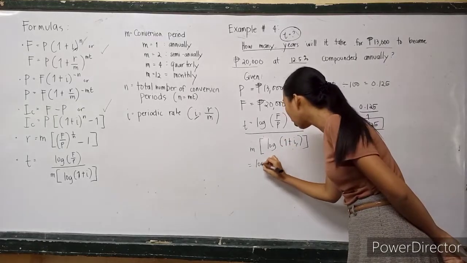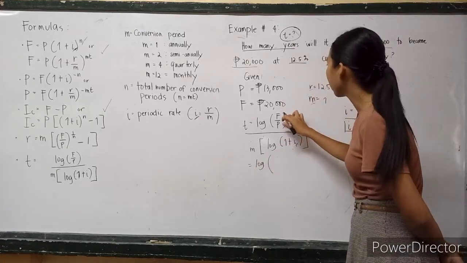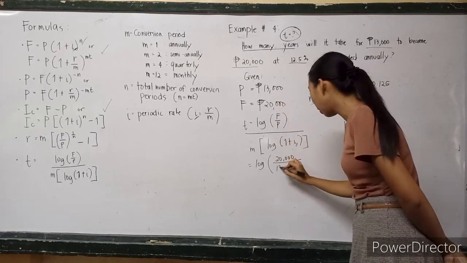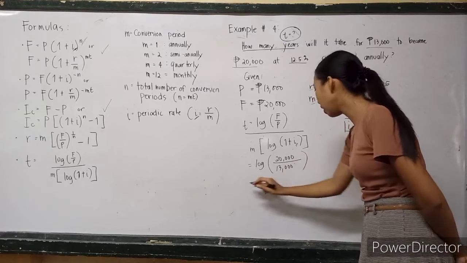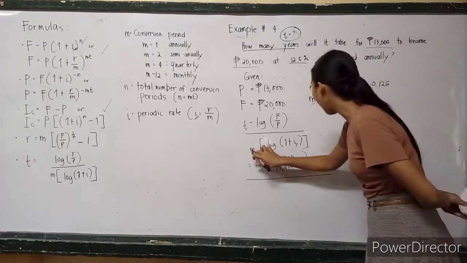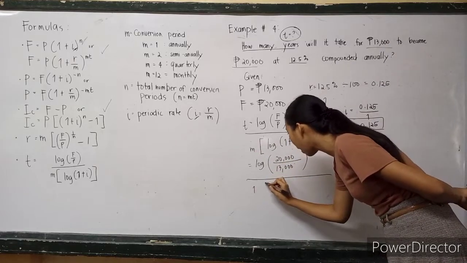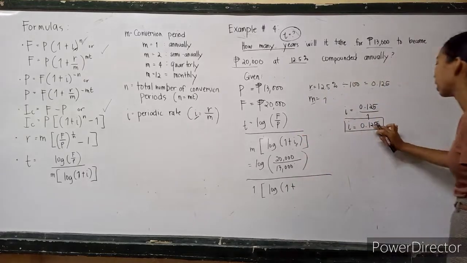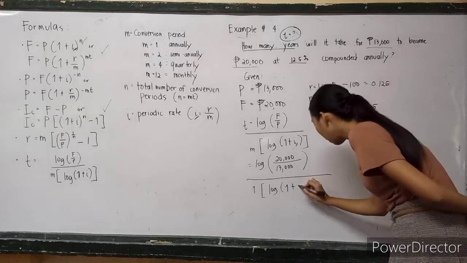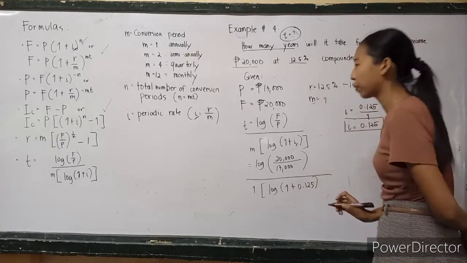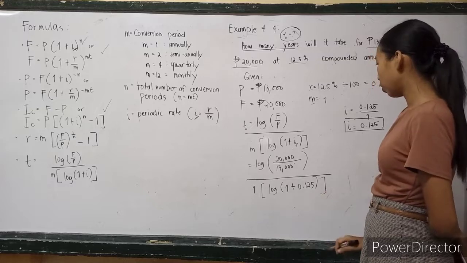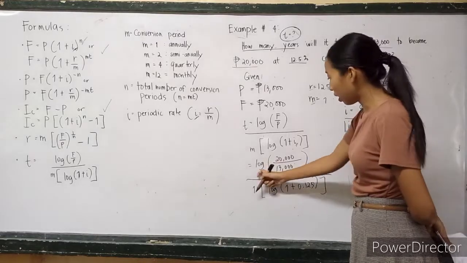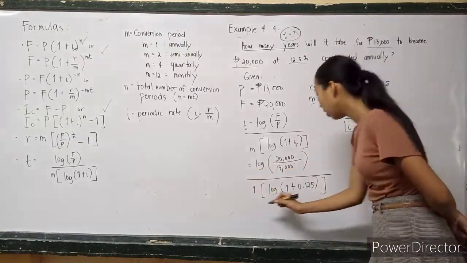Okay? So, log of F. F is 20,000, divided by 13,000. Then divide it all by M, which is 1, multiplied by the log of 1 plus I, which is 0.125. So now we process it first before taking the log.